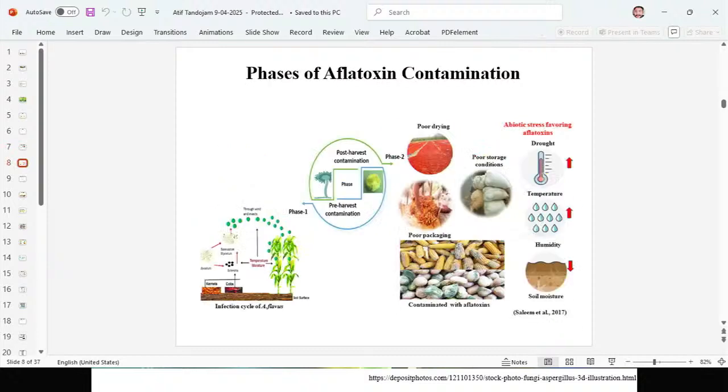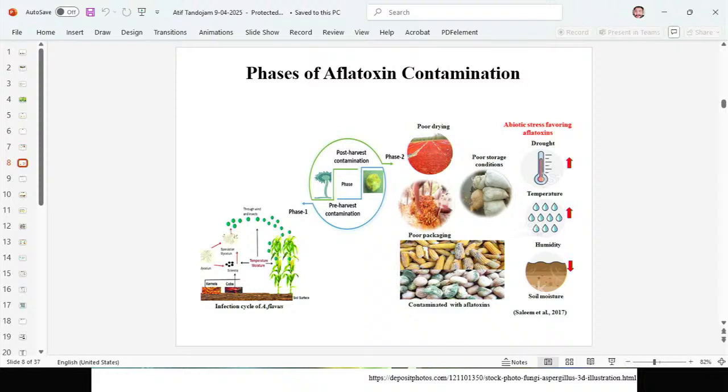So this is very important. There are two phases of aflatoxin, because previously and even now people think that it's a post-harvest problem. It comes in storage. During the storage, conducive conditions are there, and then this aflatoxin is there. But everybody forgets about phase one, how this aflatoxin contaminates.